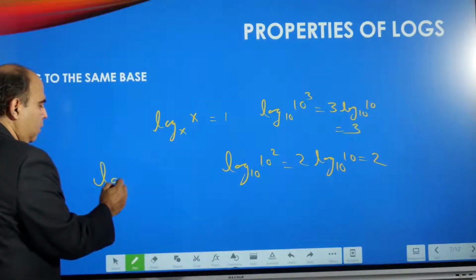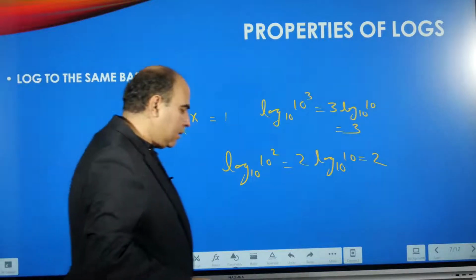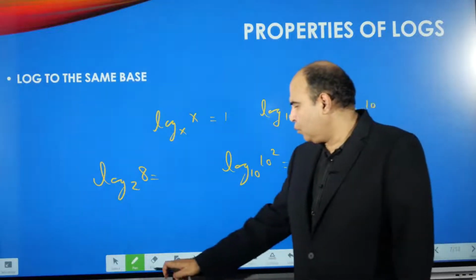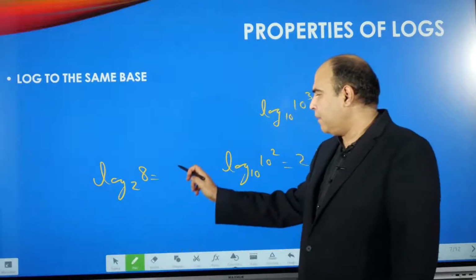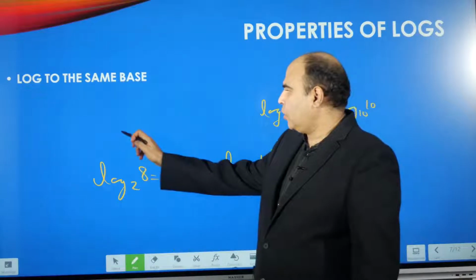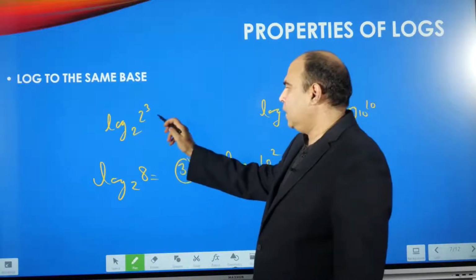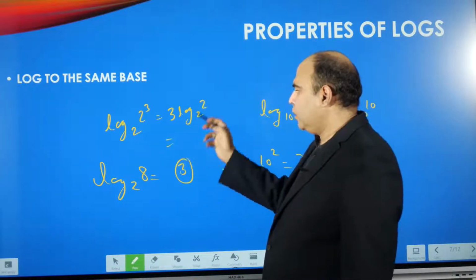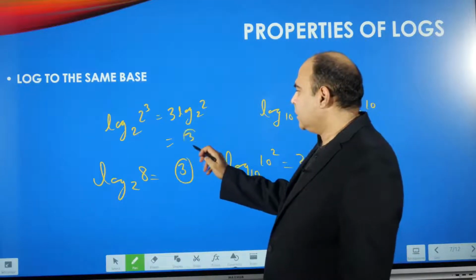Similarly, log 8 to the base 2 kind of numbers. These are standard reactions that most people who know logs have. So log 8 to the base 2 can straight away be written as 3. The internal steps to get there: log 8 to the base 2 can be written as log 2 cube to the base 2, and this can be written as 3 log 2 to the base 2, and log 2 to the base 2 is 1 according to this rule, which means that the value is 3.